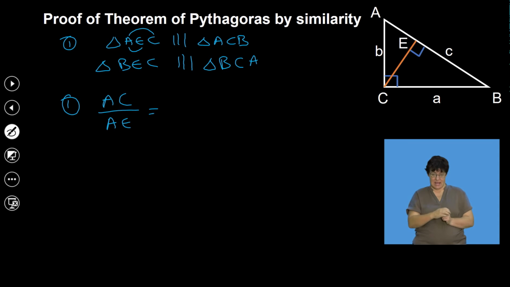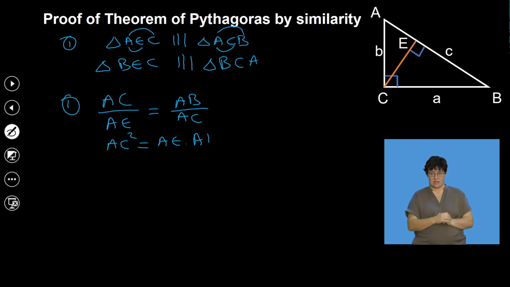Then it must be equal to, because I took the last ones there, it must go with the AC there, right? So AB will be the hypotenuse side, so that's AB over AC. If I simplify this, it will then give me AC squared is equal to AE multiplied by AB. I leave it there. This becomes like my equation number one.